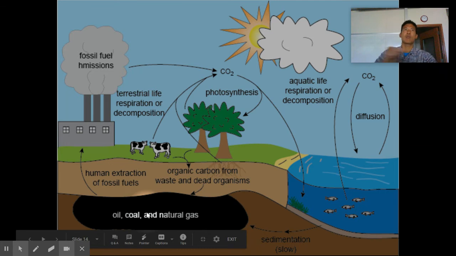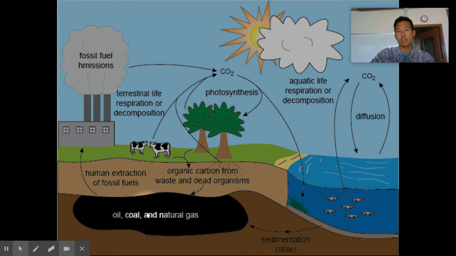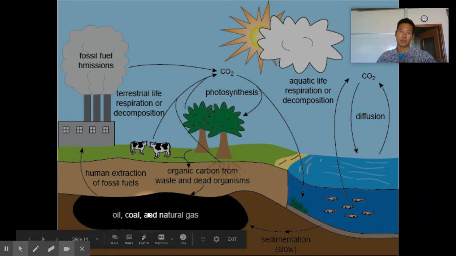Now, if there is even more pressure and more hydrogens and oxygens are gotten rid of, they become the purest forms of carbon that we know of, and that would be your graphite and diamonds. From there, these fossil fuels will stay deep underground for tens of thousands of years.